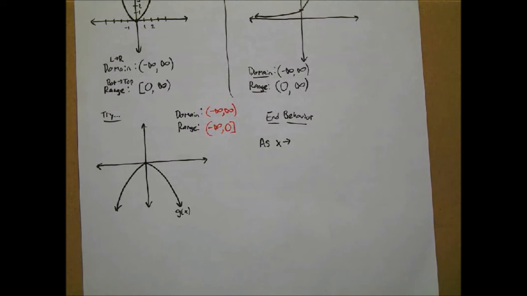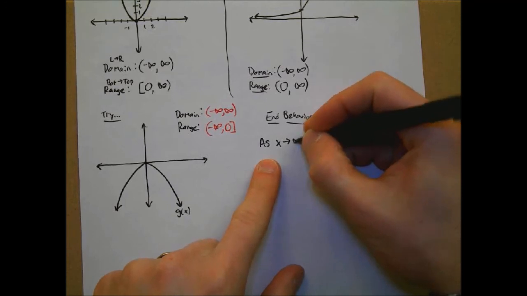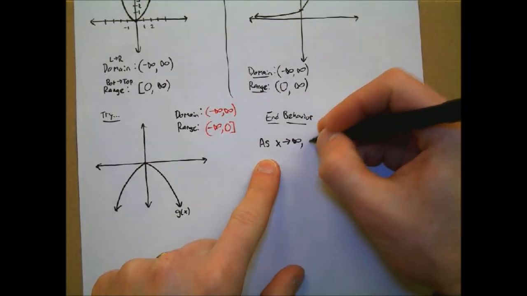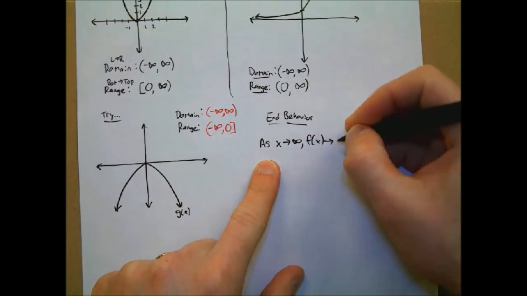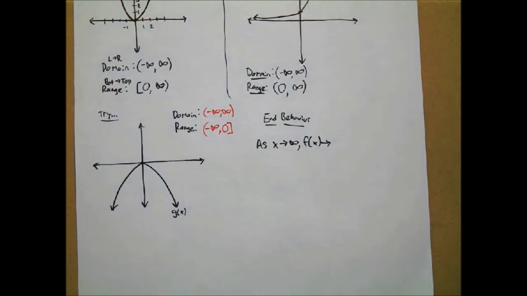What value? Positive infinity. Yeah, positive infinity. So we're going to say for end behavior, as x approaches infinity, we'll say f of x approaches. Well, then we have some options. f of x could approach positive infinity, f of x could approach negative infinity, or f of x could also approach a number too.